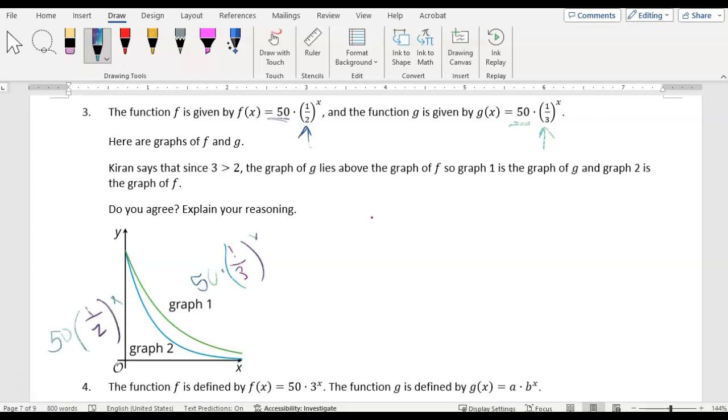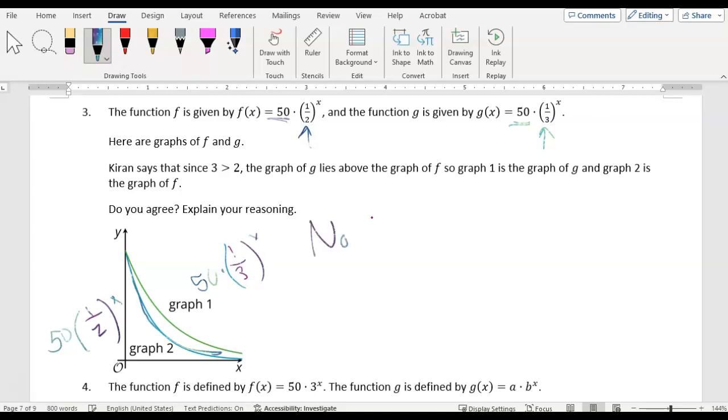Now, again, she says that 3 is greater than 2. However, 1/3 is smaller than 1/2. So 1/3 being left each time means that this one is decaying faster. And so this represents actually graph 2.